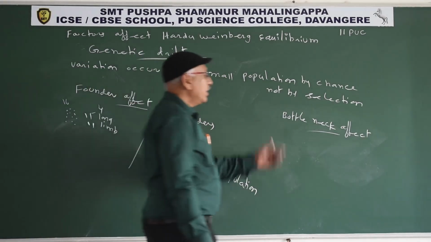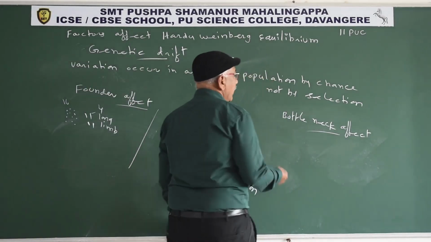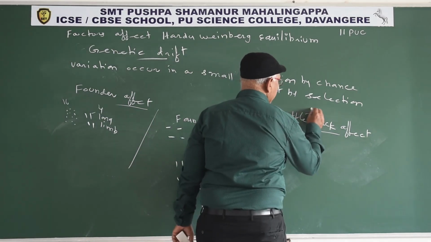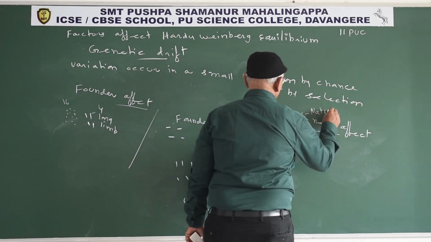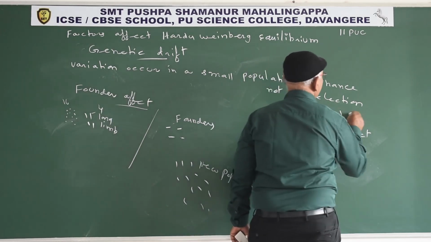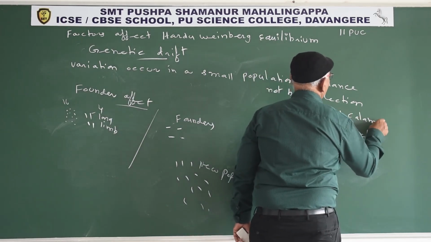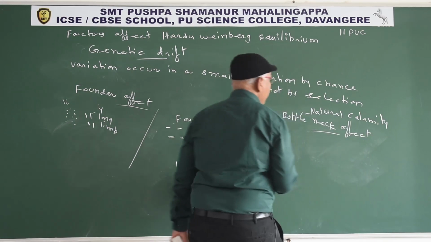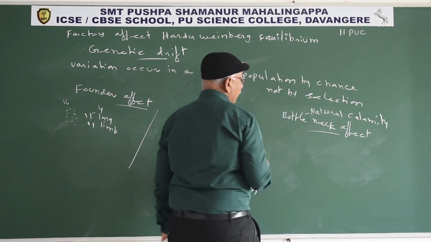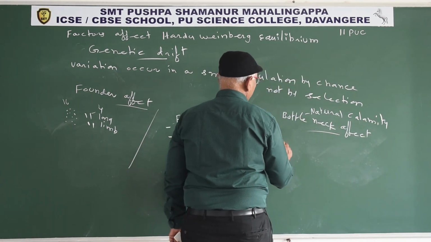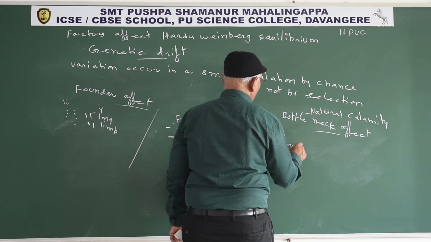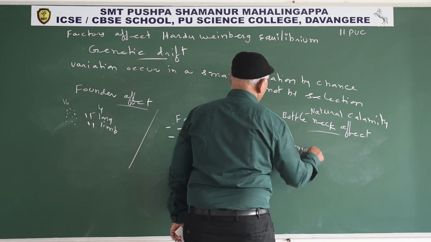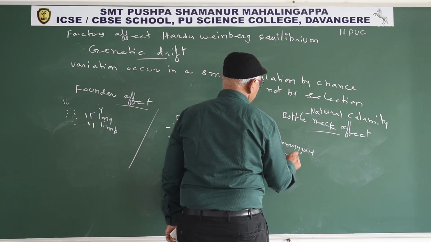Next one is the bottleneck effect. Bottleneck means natural calamity. First we discuss the example. Homozygous Amish population.